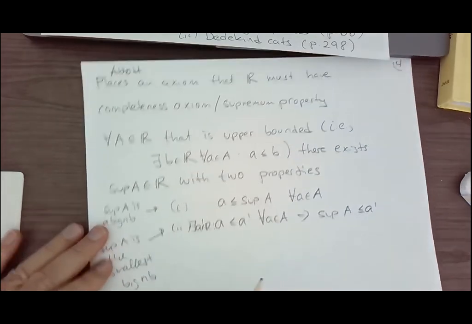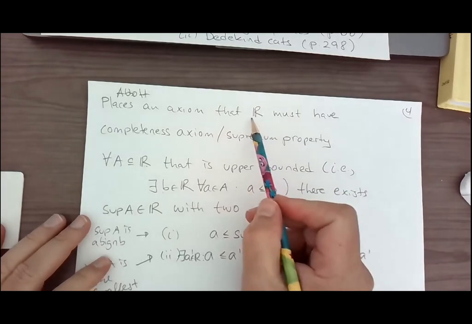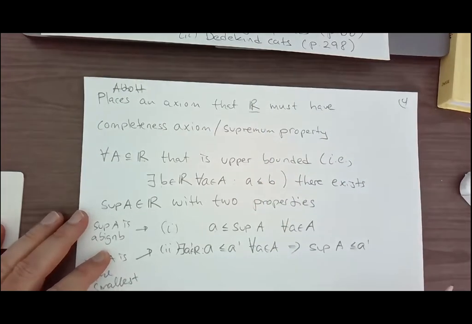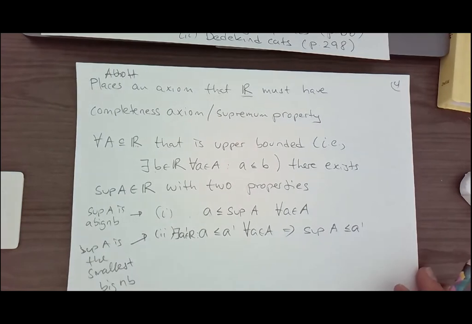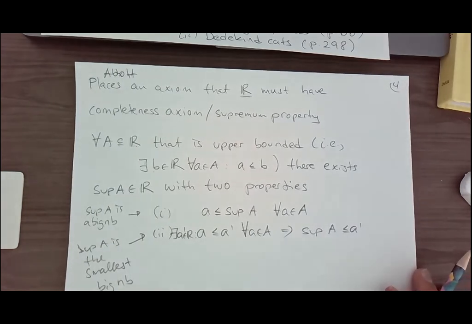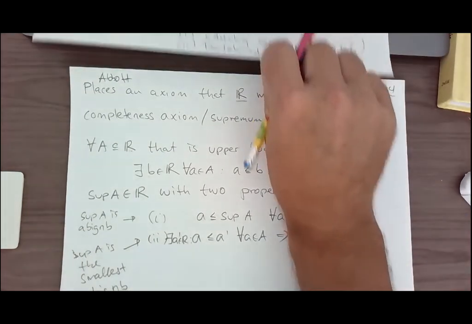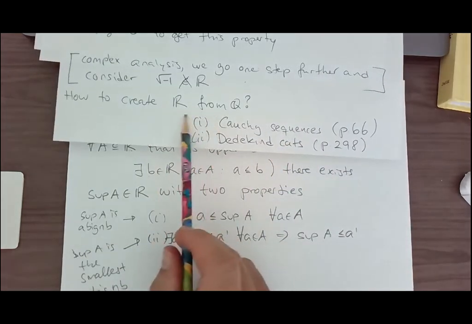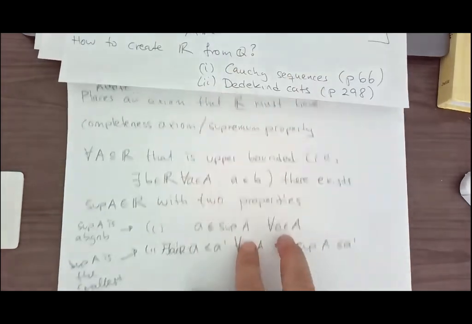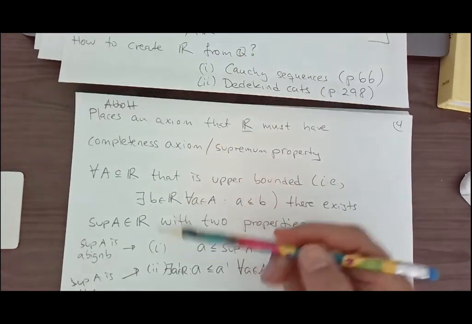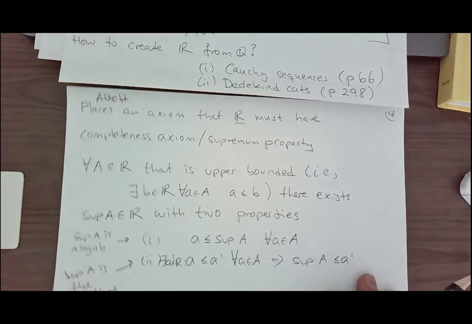So this is what Abbott says: the numbers that we're working with, these R's, are going to have this property. And so this is what he calls the completeness axiom. So when you're talking about how to create R from Q in terms of these sequences here, well, you better make sure that whatever you're doing satisfies ultimately this axiom here.